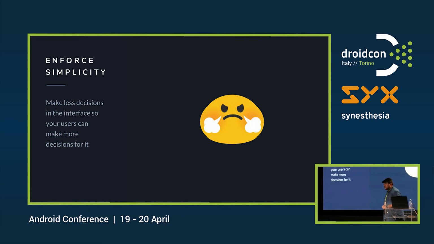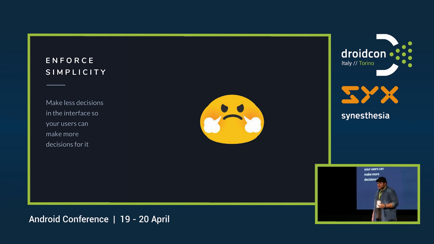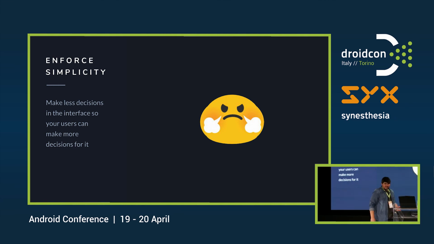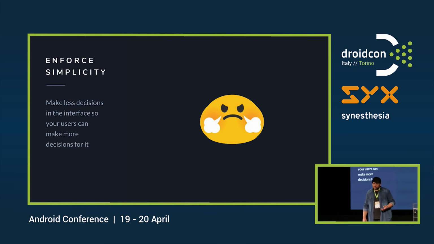Enforce simplicity. This is pretty self-explanatory, but when you're designing a product or an interface, don't try to make things very complex. Don't put more information than the user can experience, because even if it seems that the average user can digest X amount of information, for a person with disabilities, it's going to be even more difficult. Their normal isn't our normal.